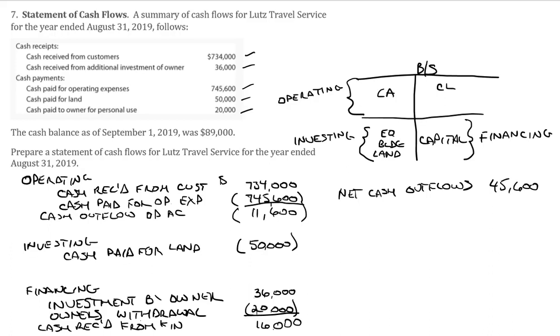And then we'd say plus beginning balance of cash, and our beginning balance was 89,000. Gives us 43,400, the ending balance of cash.